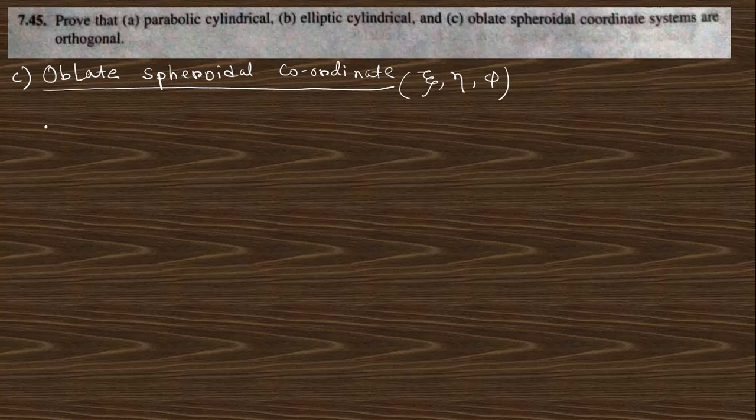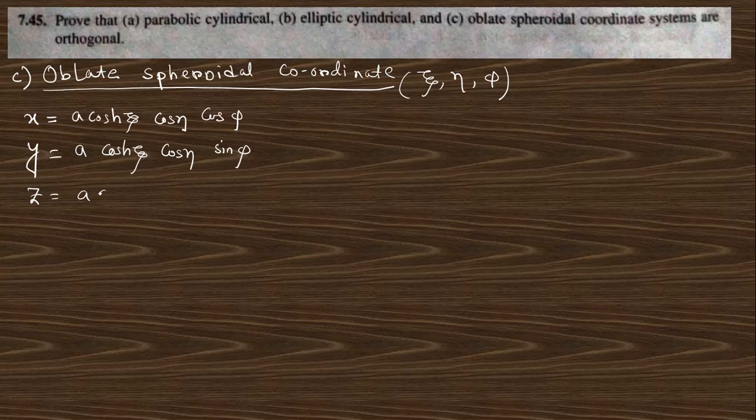And the relation with x y z, that is the Cartesian coordinate system, is x is a cosh xi cos eta cos phi. y is a cosh xi cos eta sin phi, and z is a sinh xi sin eta, right?